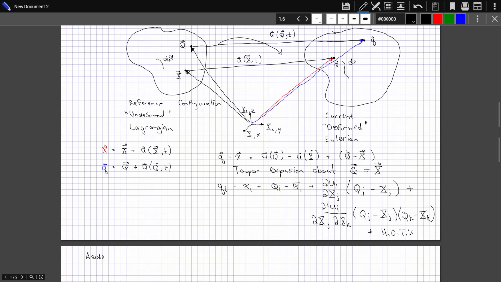Whenever you're using indicial notation like this, which is ubiquitous in continuum mechanics, whenever you have a term, and a term just means something separated by addition and subtraction, like this is a term, and this is a term, and you see a repeated index, see how the j's repeat? That's an implied summation.